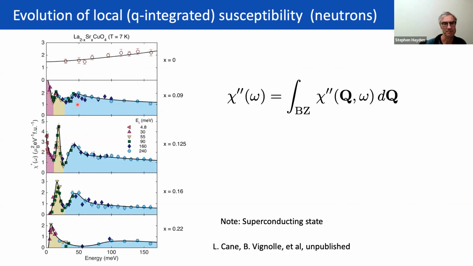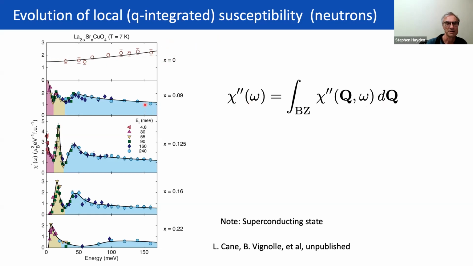So in the parent compound, this is the so-called local susceptibility, where we just integrate chi double prime over the whole Brillouin zone and get a density of states for the magnons or whatever. And this is what you get. Of course, this would carry on up to 300 millivolts and start to go up.